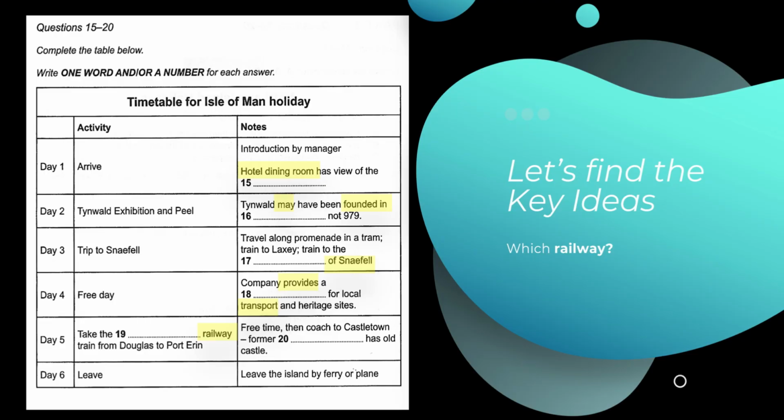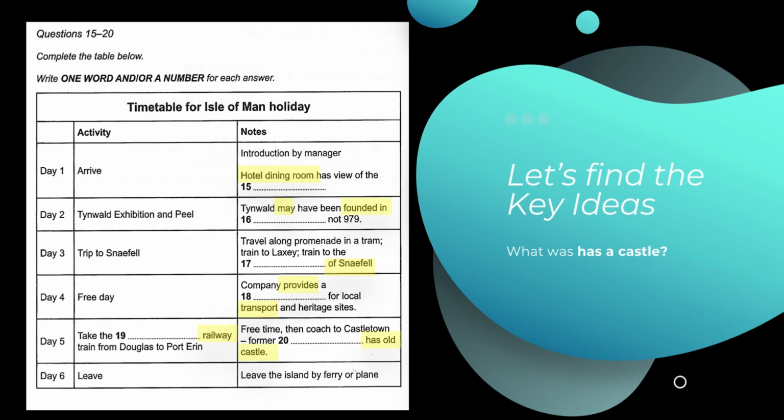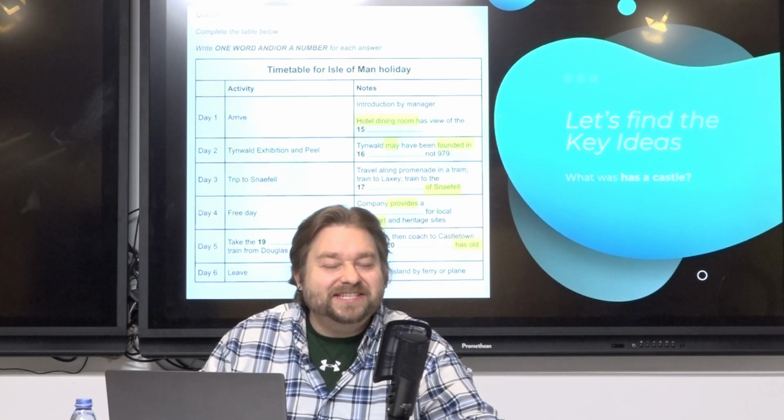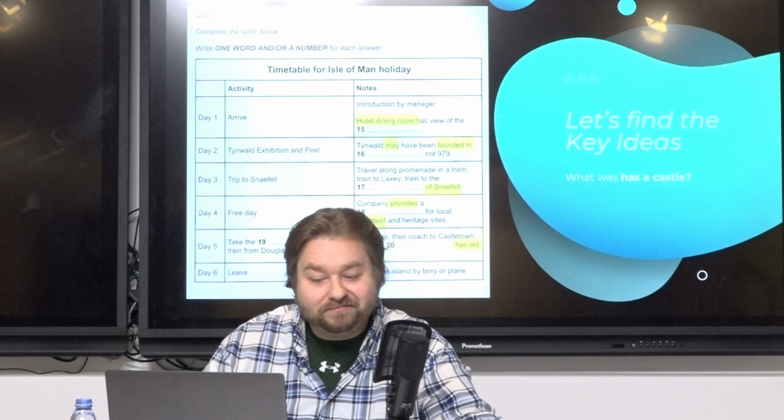Now, something is a railway. Which railway? What railway? We're listening for something about a railway train. That'll be easier. Now, has an old castle. What has an old castle? So we're listening for something about a castle.